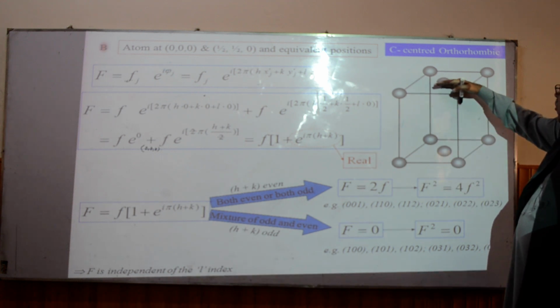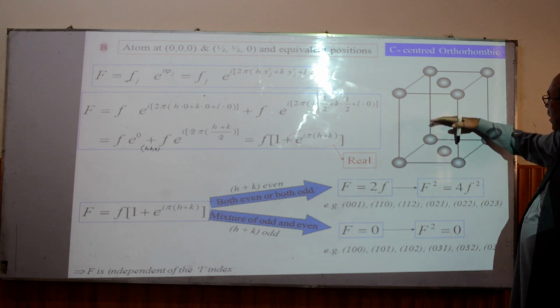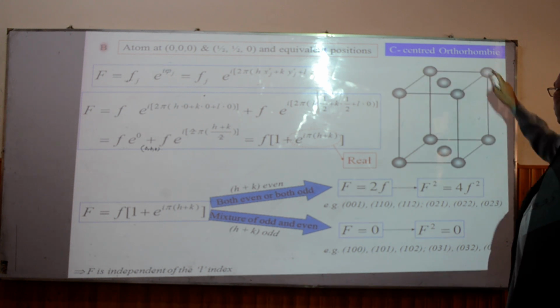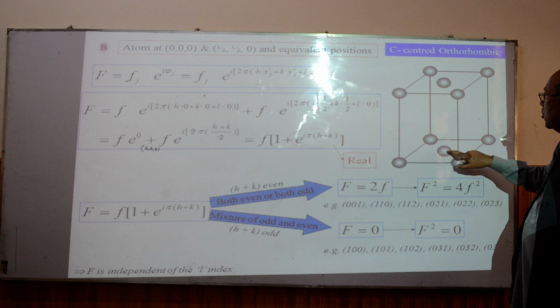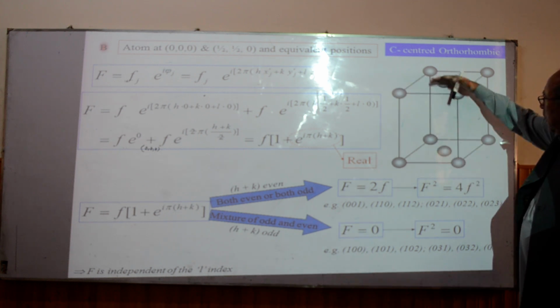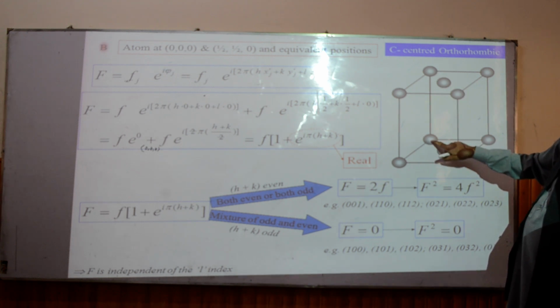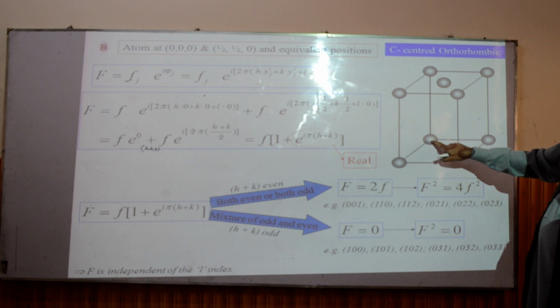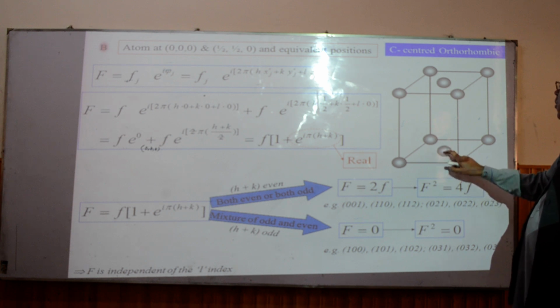This is contributing half towards this cell, this is contributing half towards this cell, corner atoms are contributing 1 by 8, so total number of atoms will be 1 contribution from the corner and 1 contribution from the base and top. So I will write the coordinate of this will be 0, 0, 0, and the coordinate of this will be 1 by 2 x, 1 by 2 y, and 0.